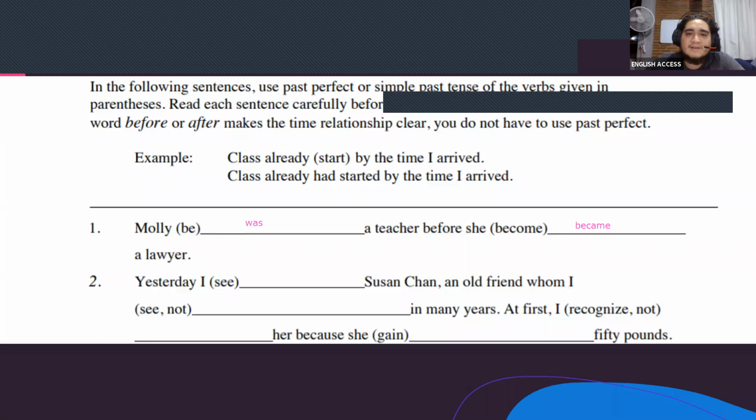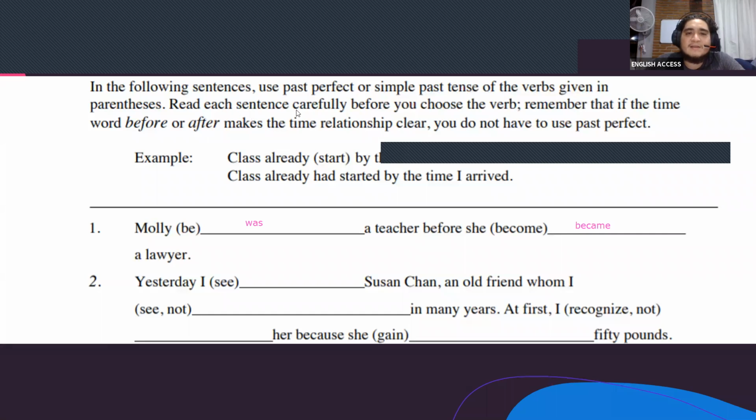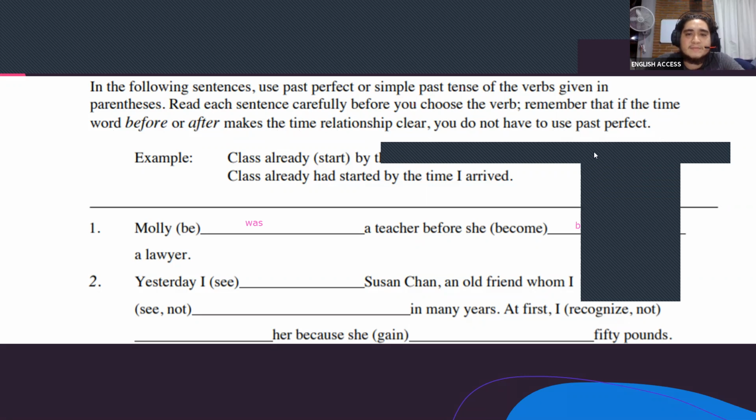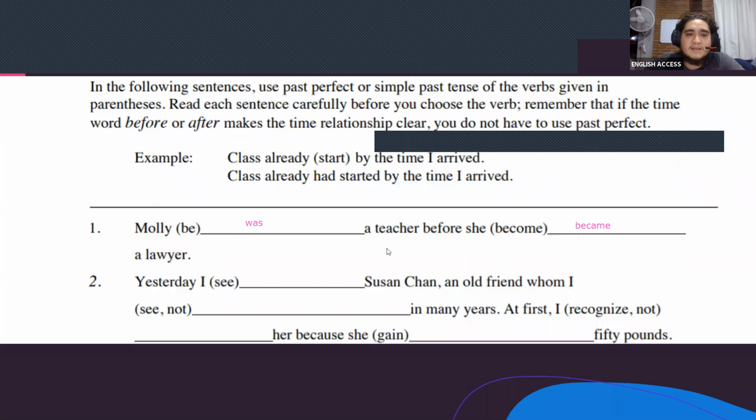Look at the instructions. Remember that if the time word before or after makes the time relationship clear, you do not have to use past perfect. Something happened before something, but that action, as you said, has not ended.